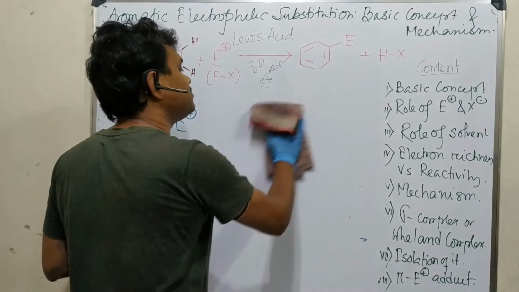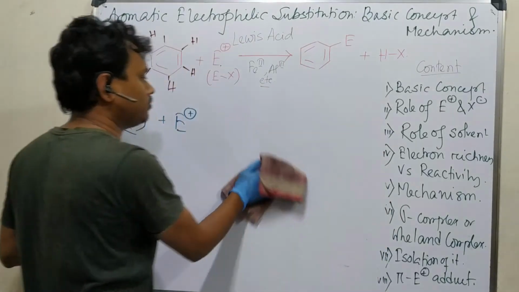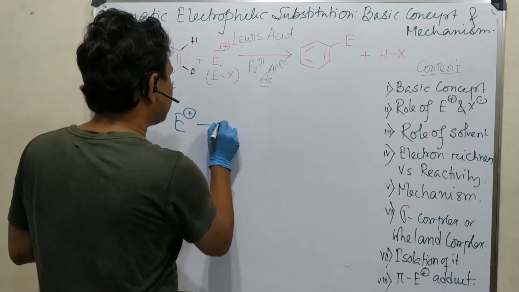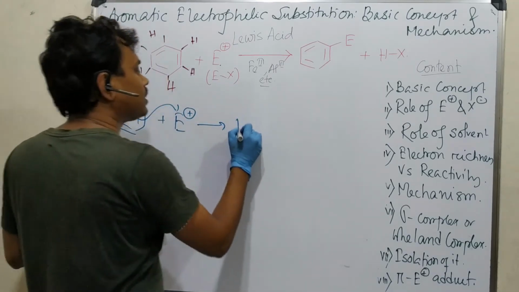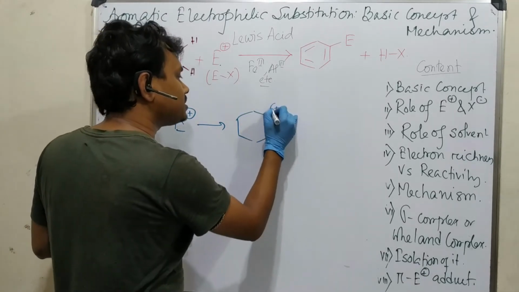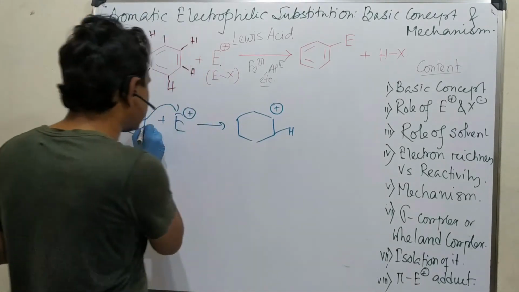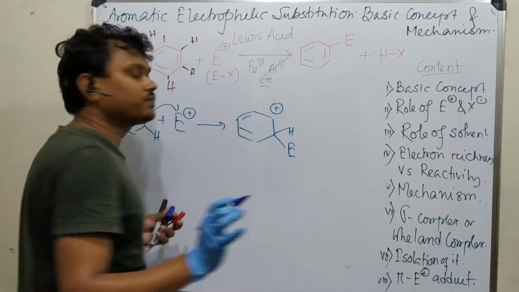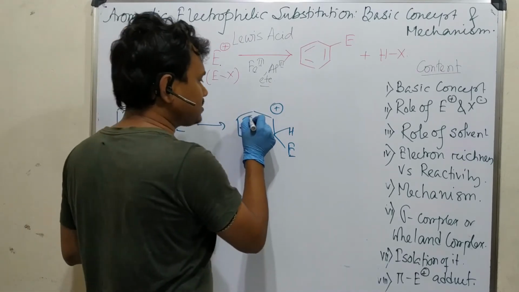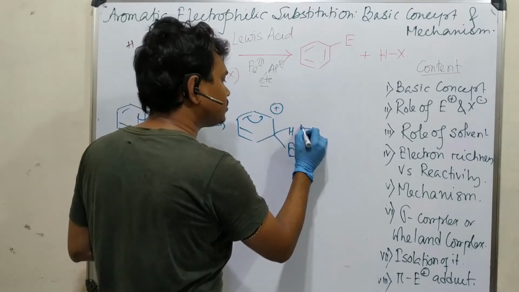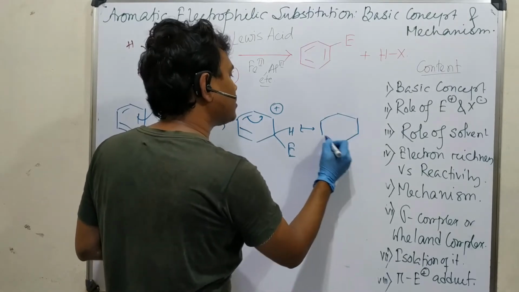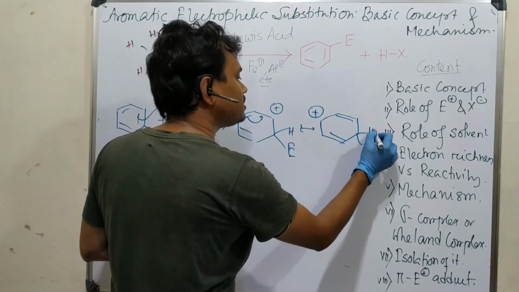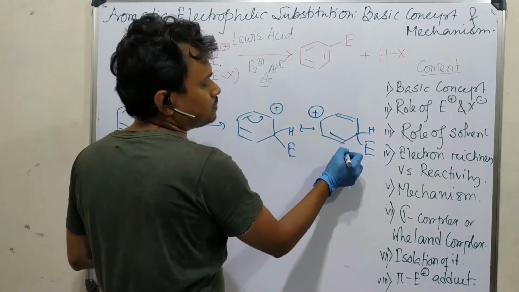So it forms a sigma complex or a Wheland complex. What do I mean? This means it will produce a plus charge here. There was one hydrogen previously at this center, and right now this is the electrophile. The rest of this is resonance stabilized, meaning the charge will come here. So the positive charge is here, the double bond is here, this is H, this is E. Similarly, it will come to this position.